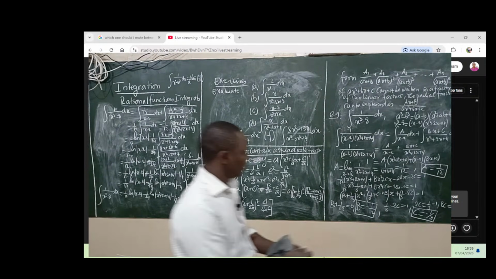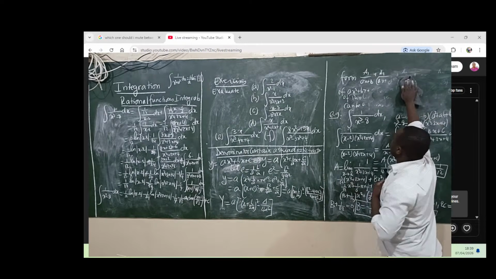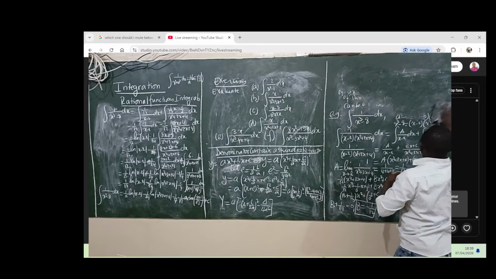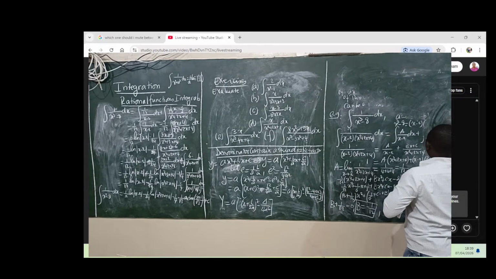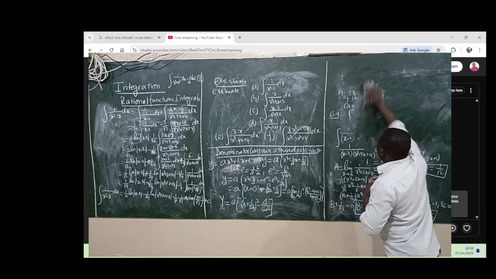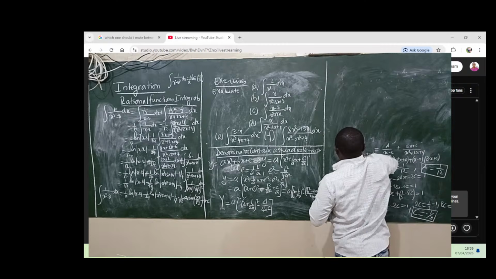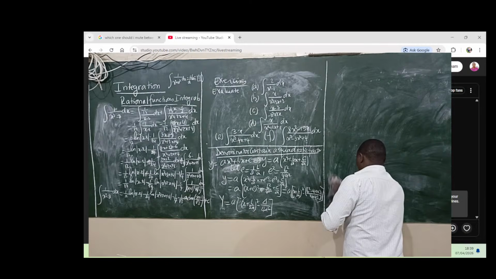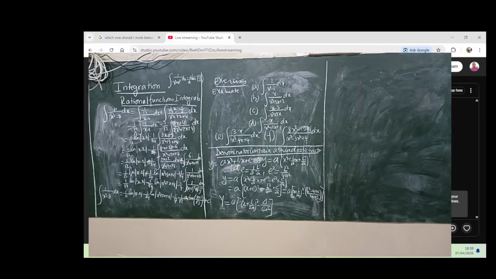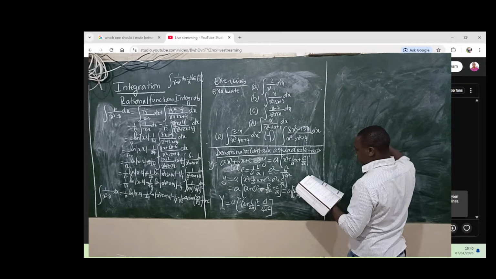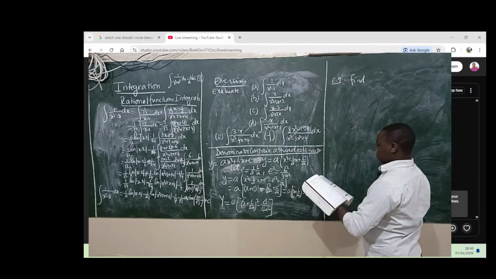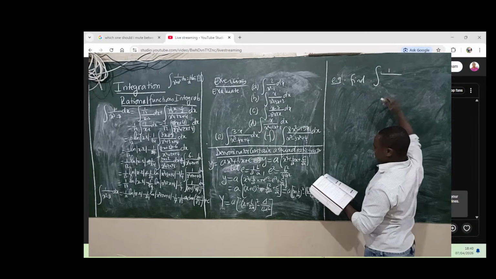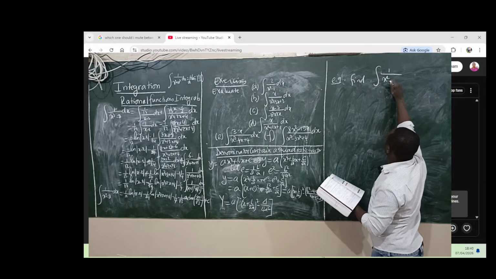An example which is simple. Example: find the integral of 1 by x squared minus x plus 1 dx.